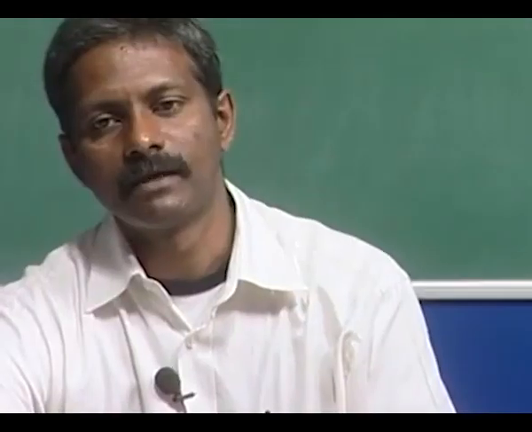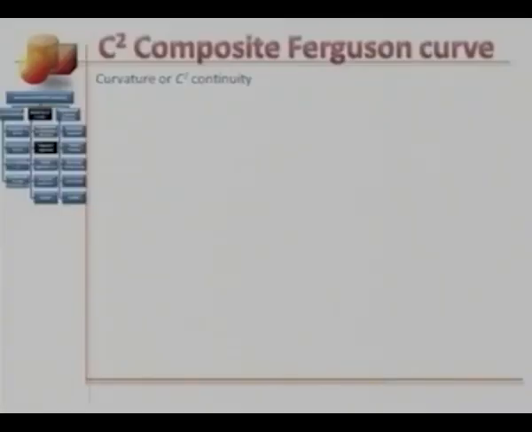Now for C2 composite Ferguson curve. Here we consider curvature or C2 continuity, as we call it. For that, at the common junction point, the curvature information from the segment on the left and the segment on the right should be the same. That is, the curvatures from the left segment and from the right segment should be identical.